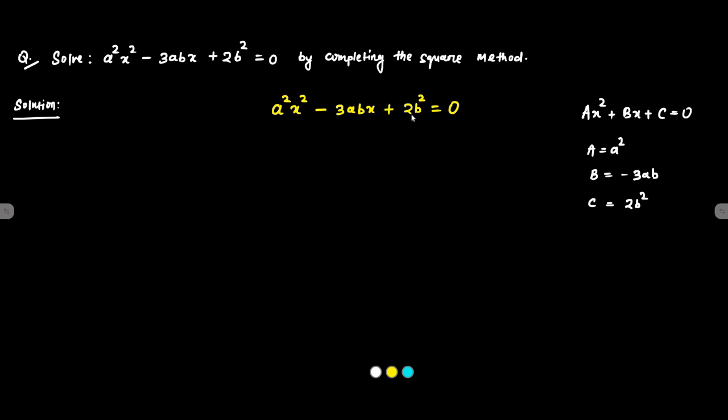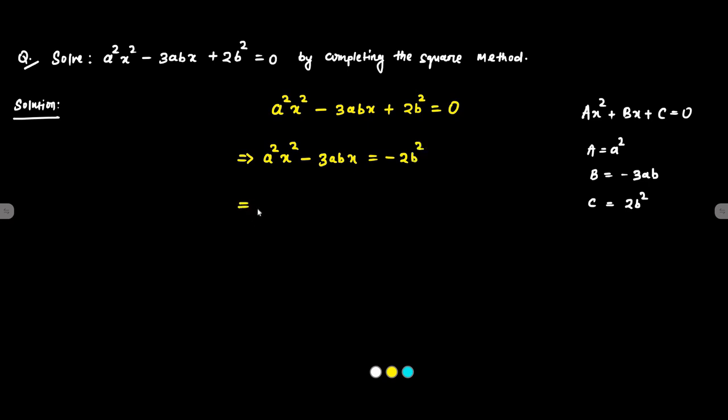So here what we'll do, we'll take this c part to the right hand side. So it will become a square x square minus 3abx is equal to minus 2b square.